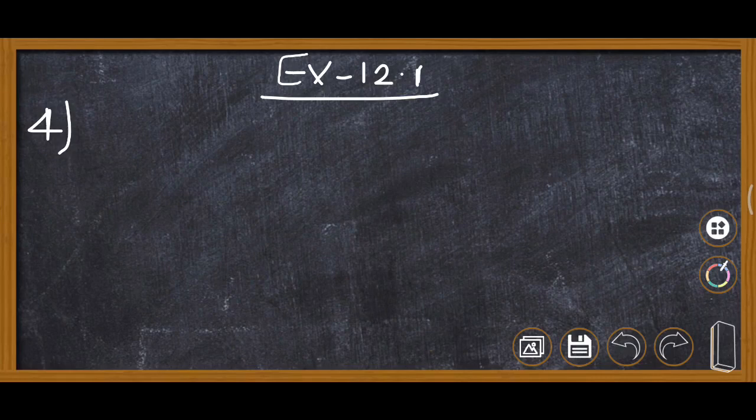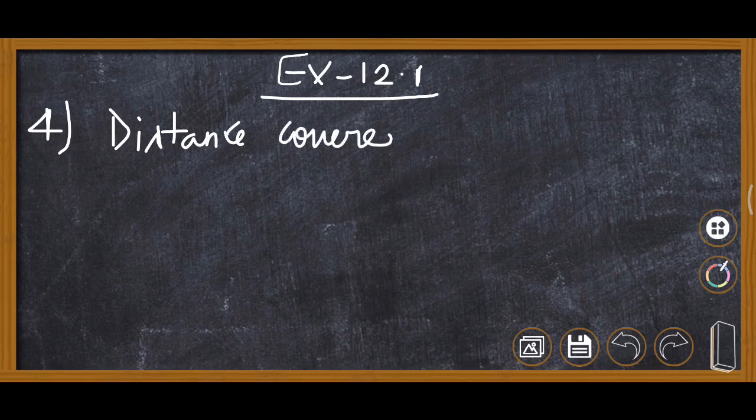Now this is question number 4. Distance travelled by Hamid and Akhtar in an hour are 9 kilometers and 12 kilometers. Find the ratio of the speed of Hamid to the speed of Akhtar. First of all, we will write the distance covered by Hamid.